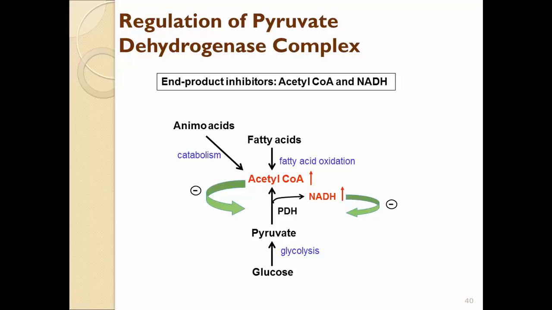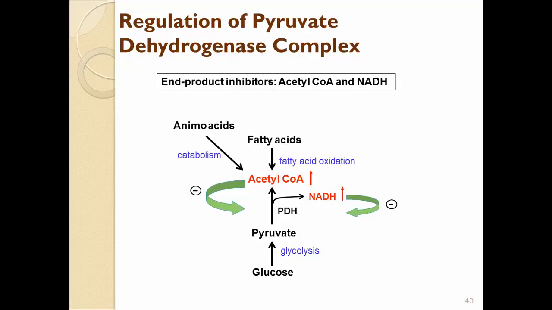And once you have a lot of acetyl-CoA or NADH produced, then these two molecules can serve as sort of negative inhibitors, right, to block or reduce the pyruvate dehydrogenase activity, to not allow too much energy being produced from the pyruvate, right? So again, these are the two important product inhibitors of pyruvate dehydrogenase.